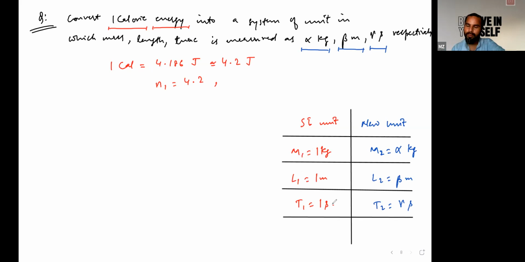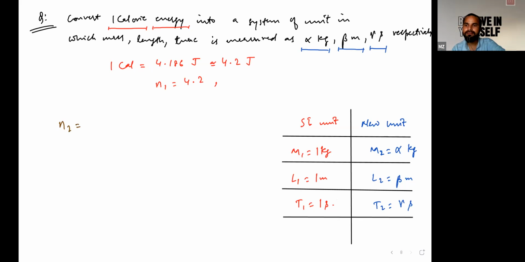So just check whether any conversion is needed from the left hand side to the right hand side. Check on the basis of the unit of each quantity. If the unit on both sides remains the same, there is no need of conversion. So now apply the formula of N2, put all the values from this table, and try to simplify it. You will get the answer.